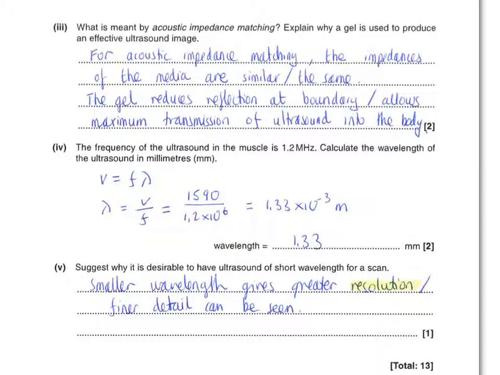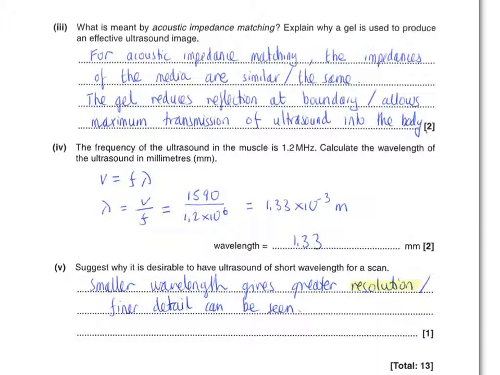When an ultrasound pulse is sent into the body, if it had to travel from air into the body, there would be very different acoustic impedances. So the gel bridges the gap between the transducer and the body, and it reduces reflection at the boundary by matching the impedances. Alternatively, you could say this allows maximum transmission of ultrasound into the body.